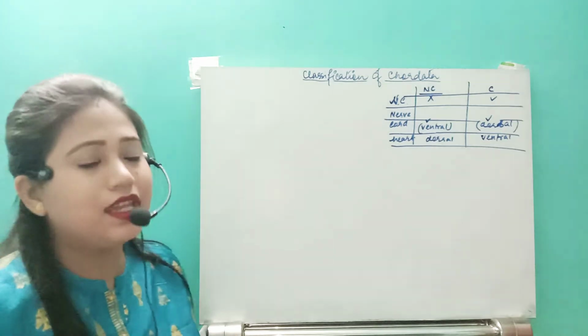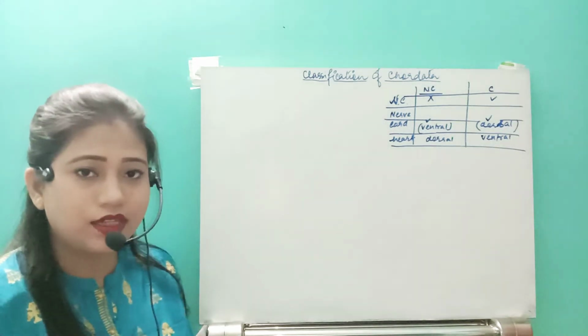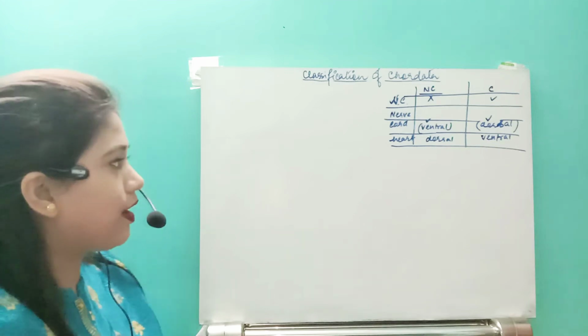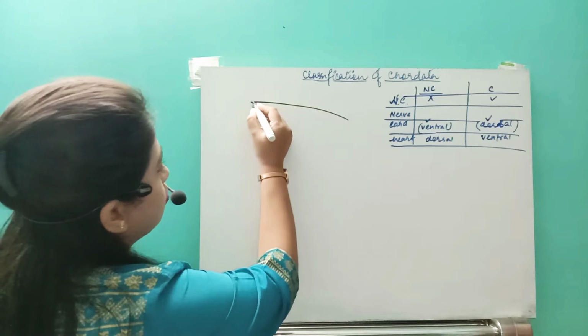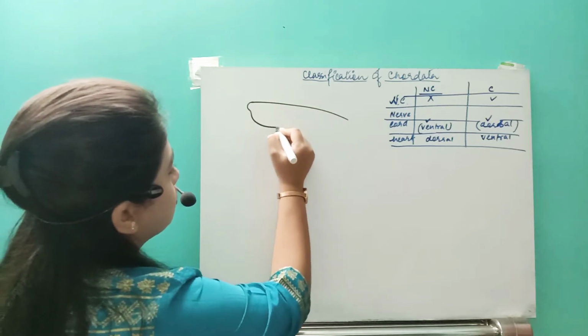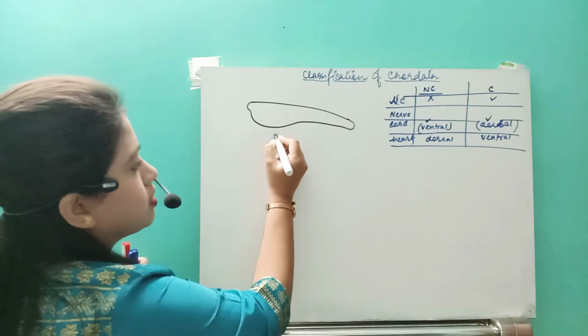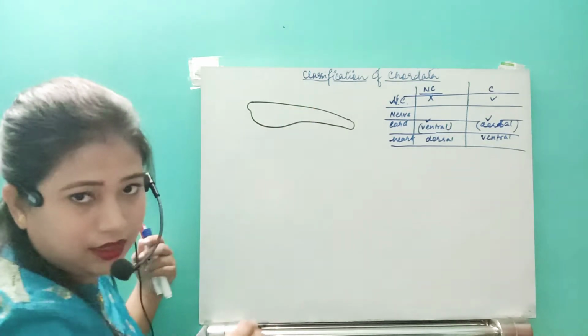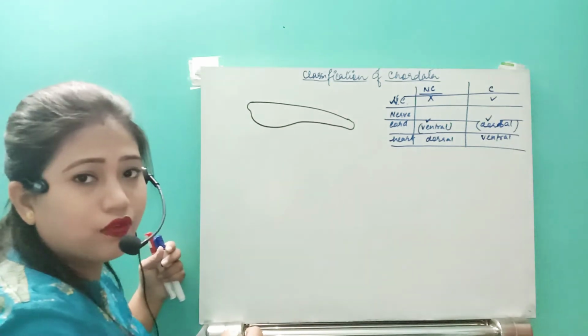Now after that, see how a typical chordate looks. If I draw a chordate, it will have these characteristics. This is the organism, this is the ventral side, this is the dorsal side. On which side will the notochord be present?